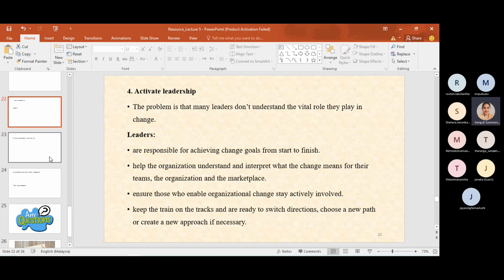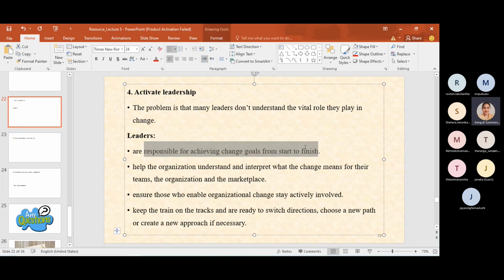So how can you be an active leader? You should be responsible for achieving change goals from start to finish. As an active leader, you should be responsible for achieving change goals.